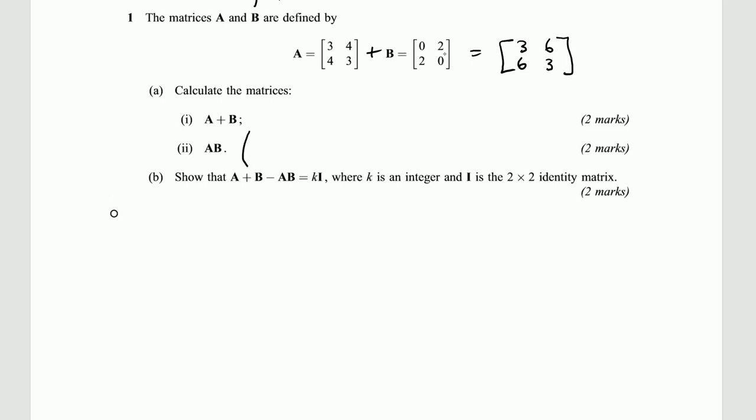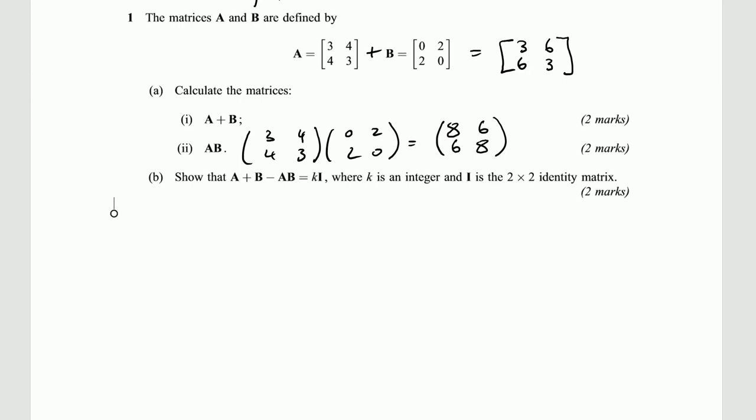A times B is done, well, the usual way. So if I multiply first row and first column, I'm going to get 8. First row and second column, I'm getting 6. Second row and first column, I'm getting 6. Second row and second column, I'm getting 8.